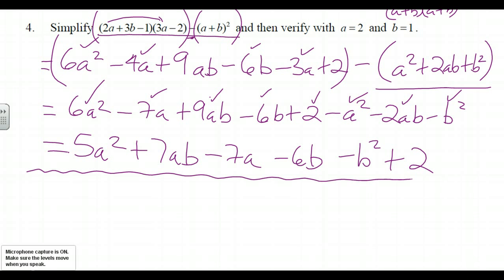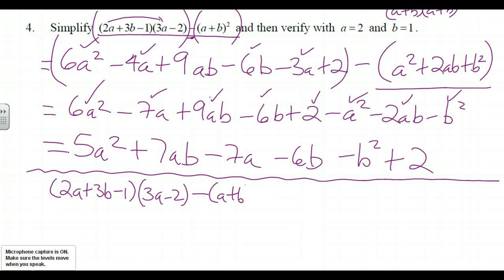So we're going to substitute into here. I'm just going back and writing the original. I'm not going to say it equals, but I'm going to say it leads to. So I want a equals 2 and b equals 1.